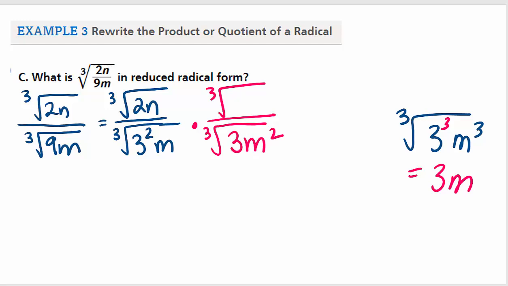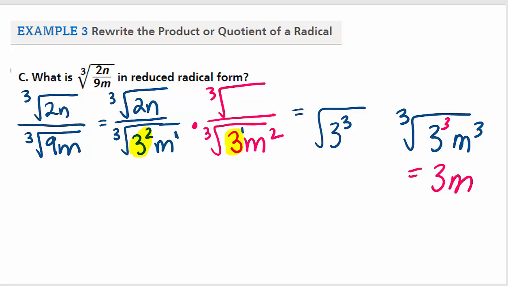So just look at the denominator right now. As long as the radicals are the same, which they are, that means we can multiply what's underneath together. So we can multiply that 3 squared with the 3 together, and we would end up with 3 cubed. Bases are the same, so we add the exponents. Look in the denominator again with our m's. We have 1m.